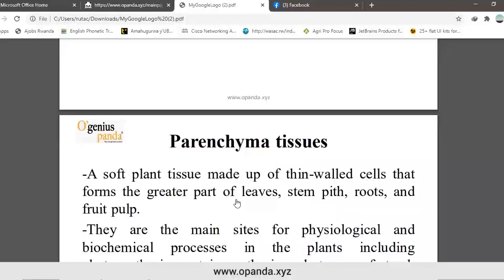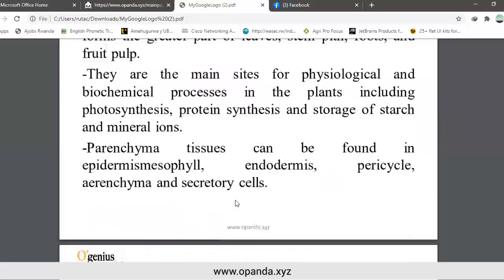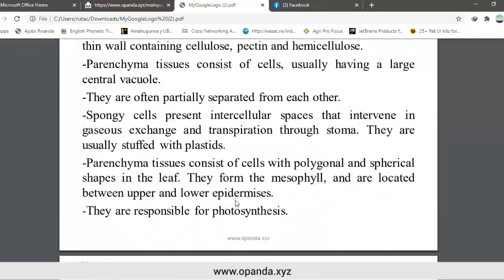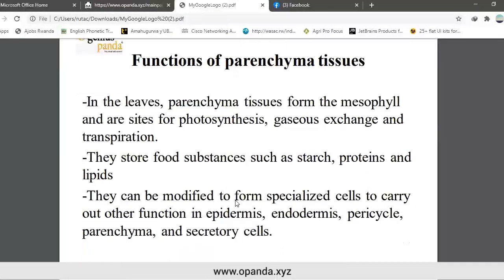Parenchyma tissues, you should remember, are living tissues. They are able to carry out all physiological characteristics, and the main one is photosynthesis. In the leaves, parenchyma tissues form the mesophyll and are sites for photosynthesis, gaseous exchange, and transpiration.